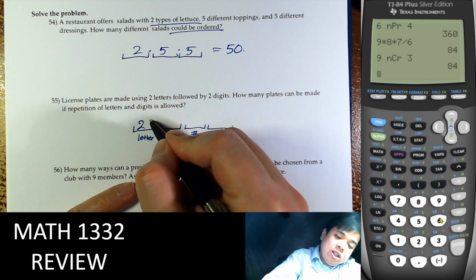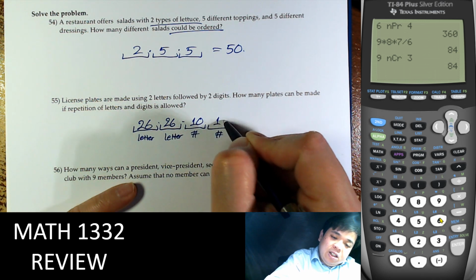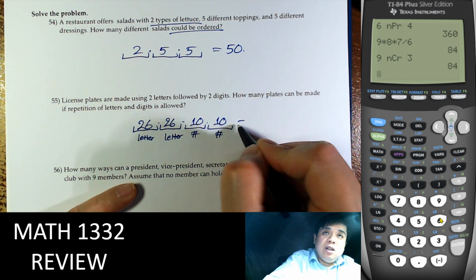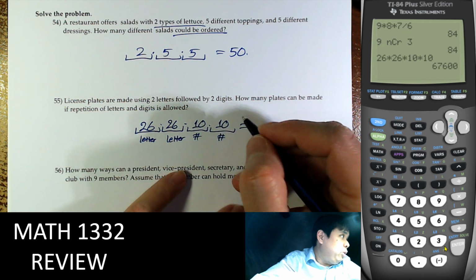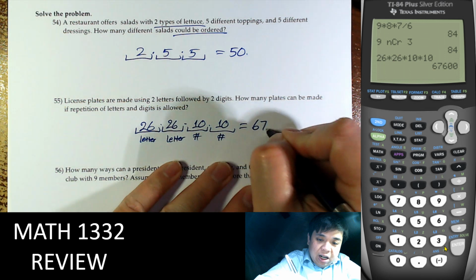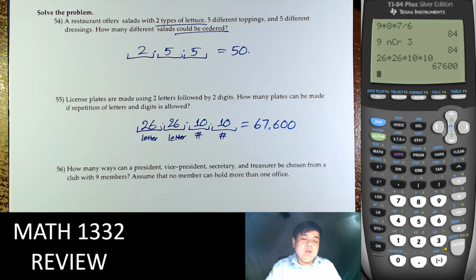So there are 26 letters, but only 10 digits. So we do that. And that's what we have, 67,600. So let's just multiply.